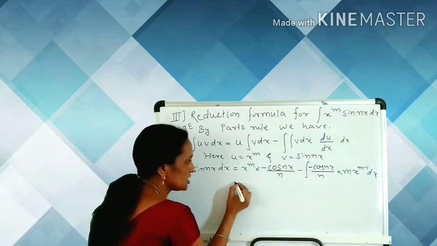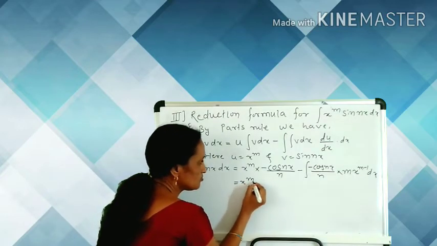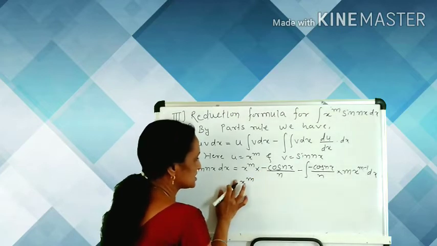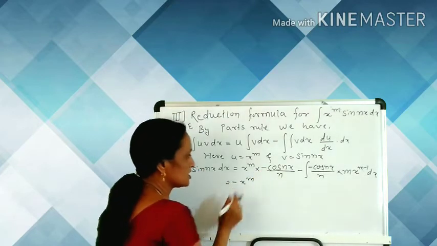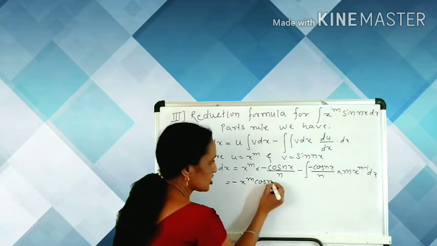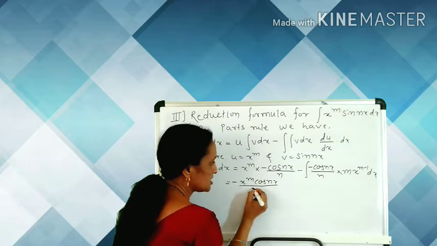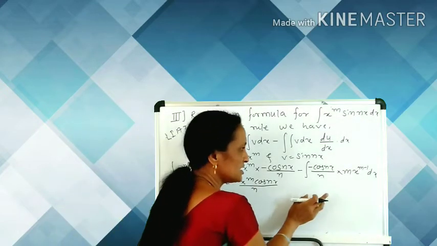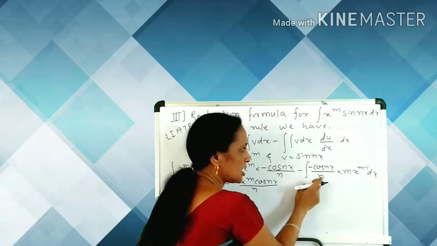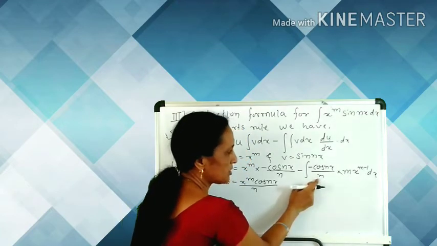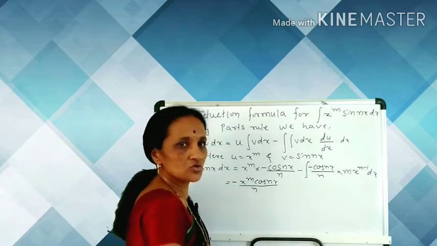Now this is equal to x raised to the m, here this minus sign, means minus x raised to the m multiplied by cos nx divided by n. First term is the same. In the second term, we take the constants outside the integration, that constants are m divided by n and also this negative sign.